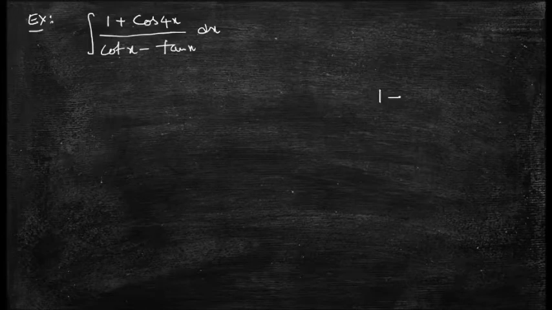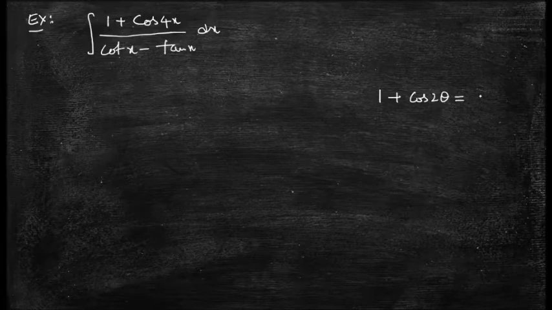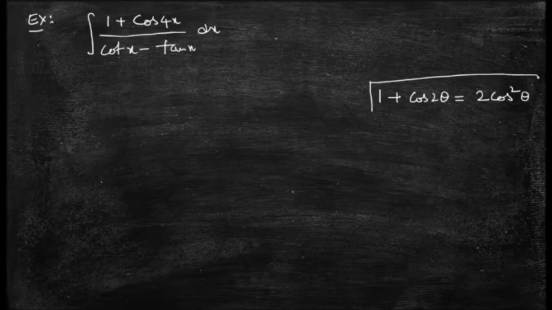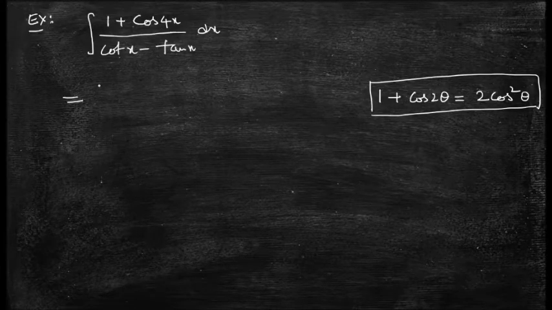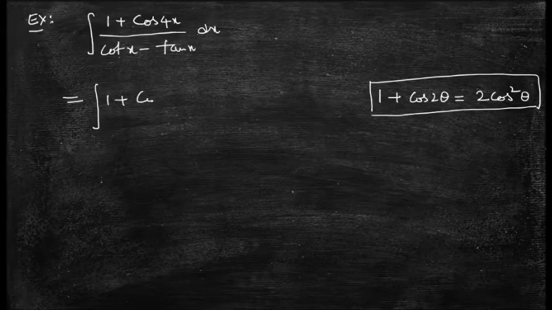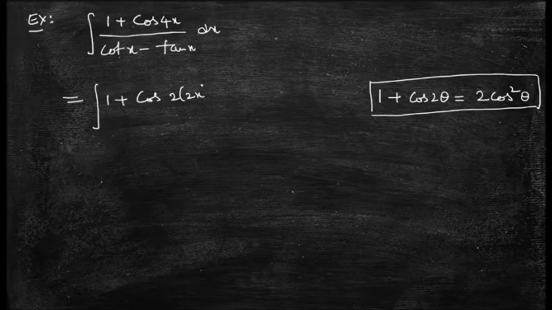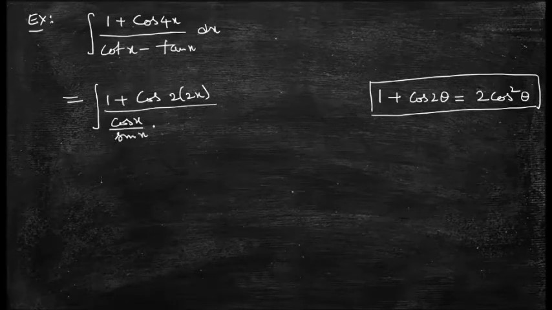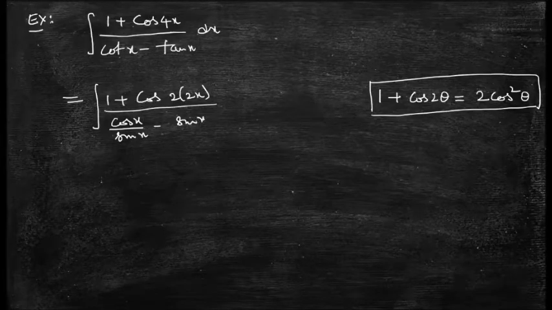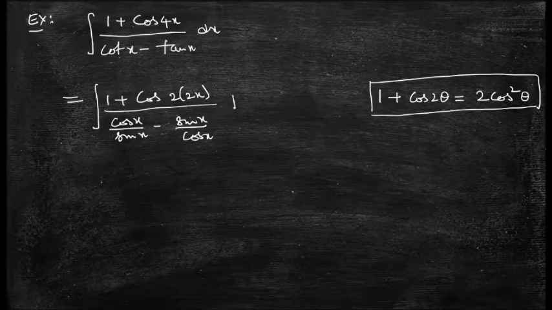You know 1 plus cos 2 theta is equal to 2 cos square theta. Now, if you observe the numerator, 1 plus cos 2 times 2x, I am just writing for you to understand, by cot x, which I am writing as cos x by sin x minus sin x by cos x, dx.